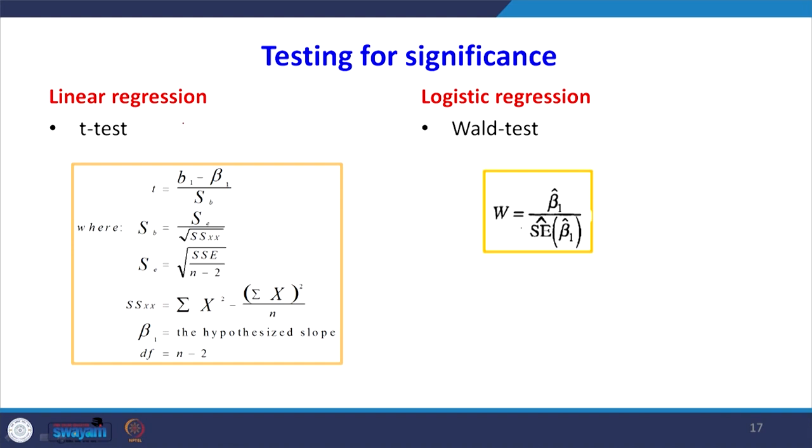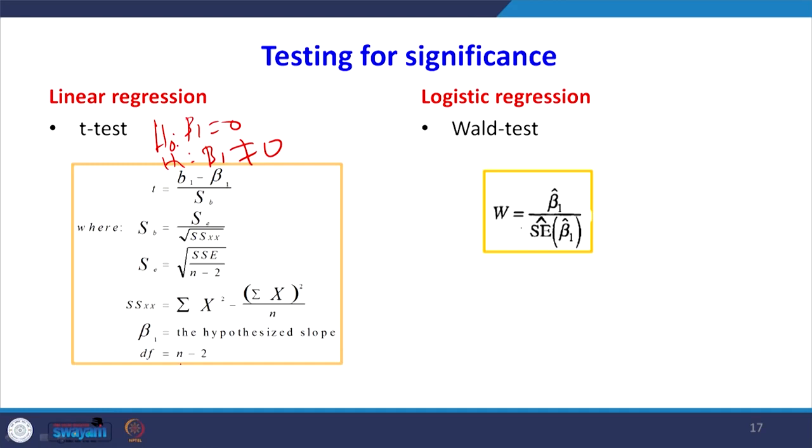Here the assumption was beta 1 equal to 0, that was our null hypothesis. H1 is beta 1 not equal to 0. Then we will find the t value. Then we will look for n minus 2 degrees of freedom, n minus k minus 1 degrees of freedom.